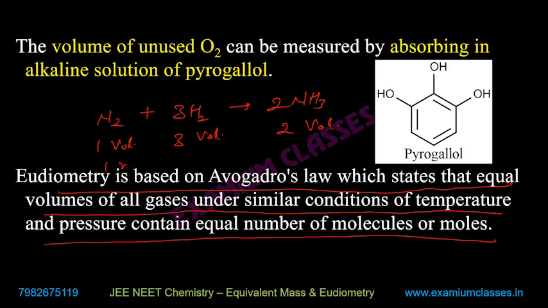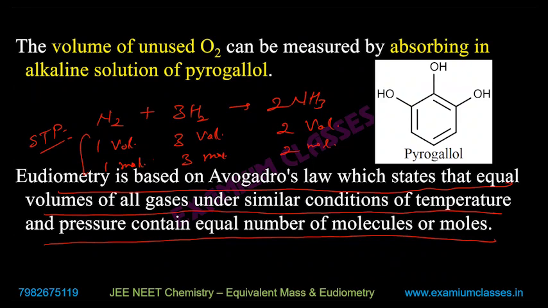Or you say 1 mole reacts with 3 moles of hydrogen and gives you 2 moles of ammonia. This is when we are talking specifically at STP. Otherwise, 1 volume might not be equal to 1 mole exactly, but the ratio will be the same, 1:3:2.